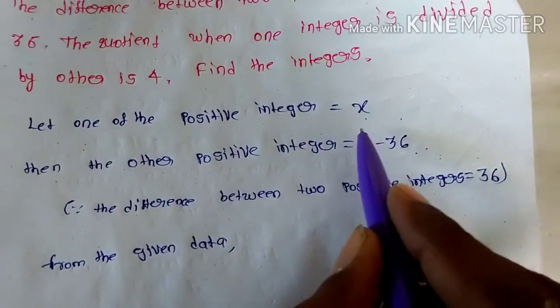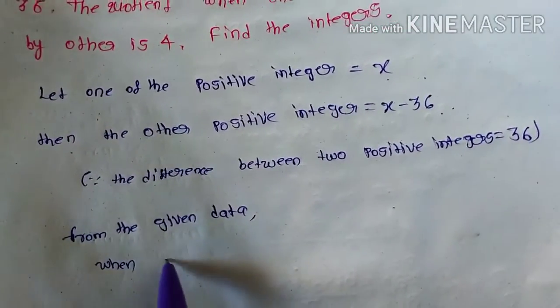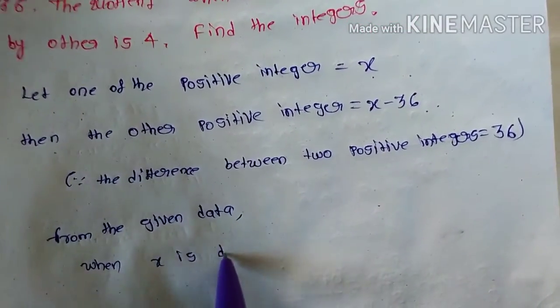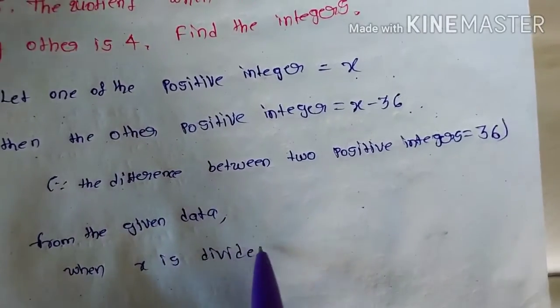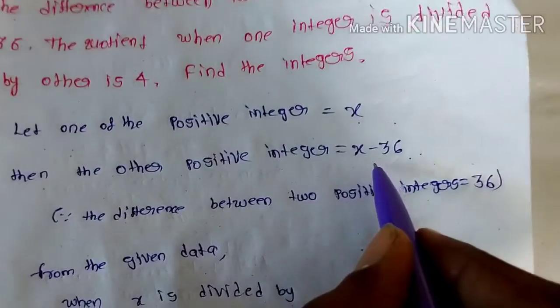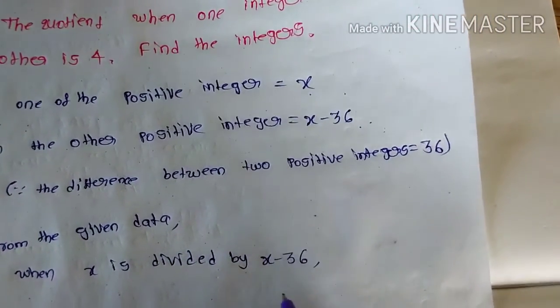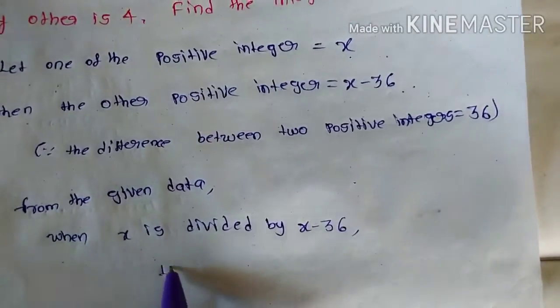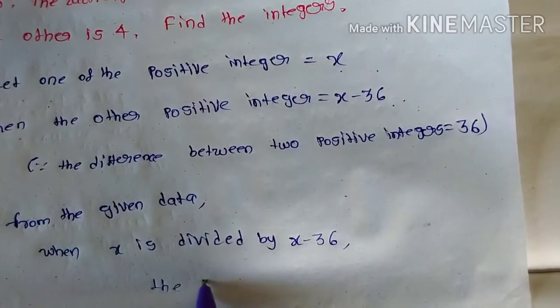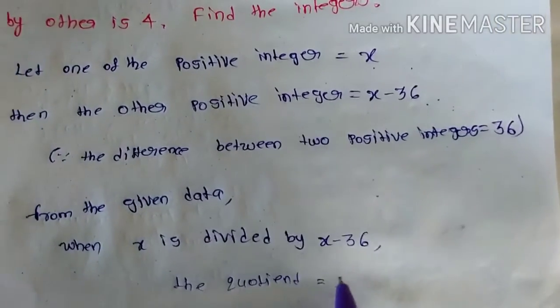They have already given that the quotient when one integer is divided by the other is 4. That means when x is divided by the other positive integer, x minus 36, the quotient is equal to 4.